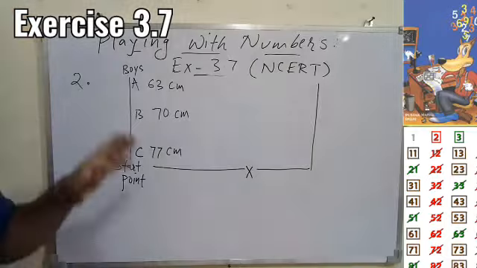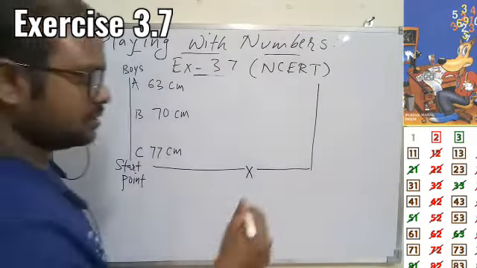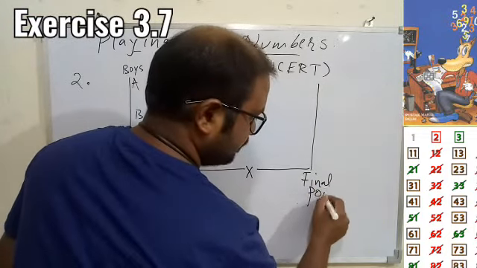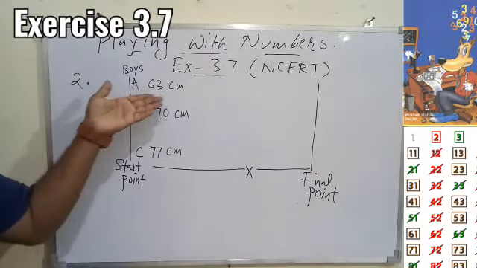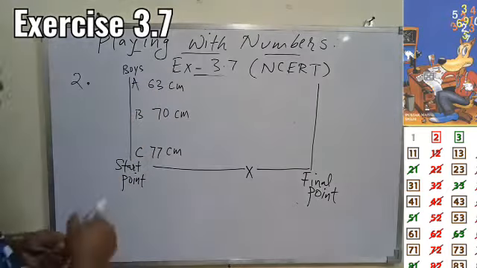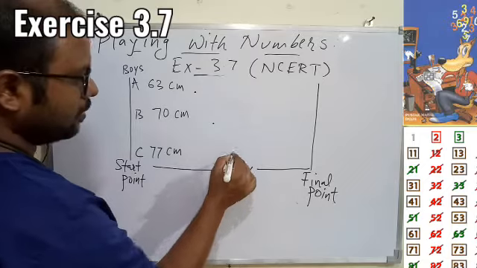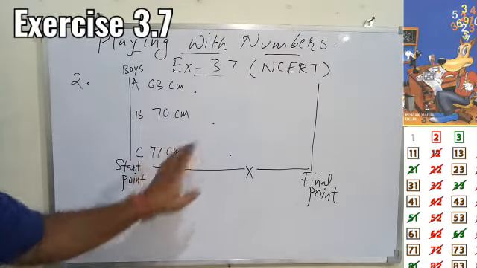Meaning is, just take an example, after distance x which we don't know, this is the final point. Once they start moving or walking together, at one step A will cover 63, so maybe he will come here, 70 will come here, 77 will come here. So every step they will have different points.